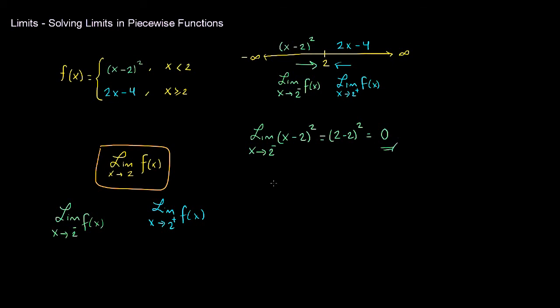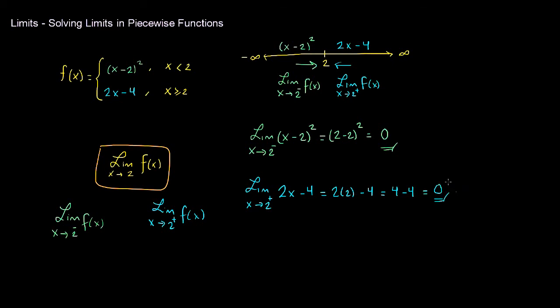Now I'm going to find the other one, the limit when x approaches 2 from the right. Now I'm going to directly use this piece here, this 2 times x minus 4. We can see that we won't get an undefined, so I'm going to directly substitute the 2 here. So it will be 2 times 2 minus 4. That will be 4 minus 4, and we get a 0 as well.